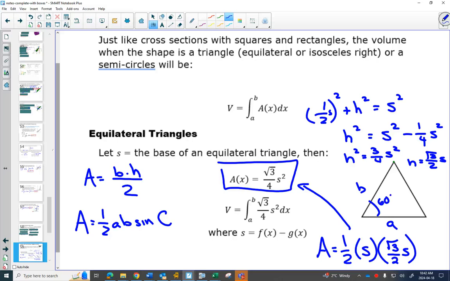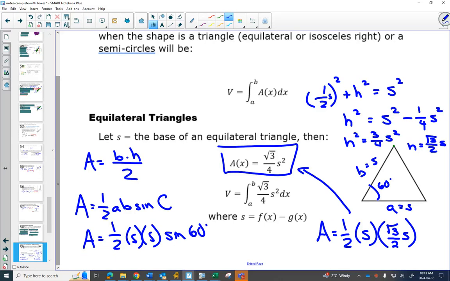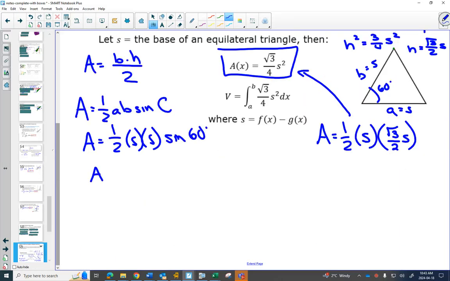And since it's equilateral, both sides A and B are S. So our area formula would be 1/2 S times S times sine of 60 degrees. That's on your unit circle. What is sine of 60 degrees? Root 3 over 2. And we get our root 3 over 4 s squared from that as well.